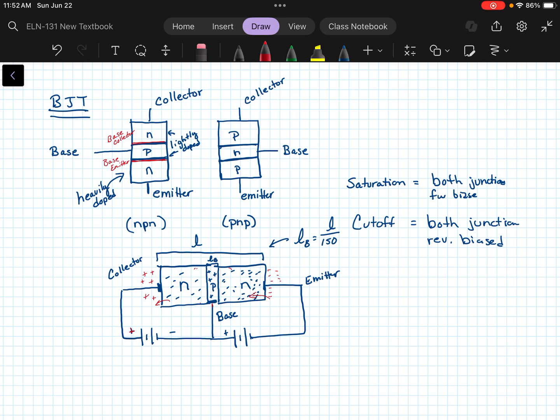Depending on the size of each of these sources, we're going to have some current going in at the base, and that's going to decrease that depletion zone so that it's much smaller. And these electrons are going to want to jump over that base, because we've energized what's going on in the base. And so that's going to give us a nice controlled current through the transistor.